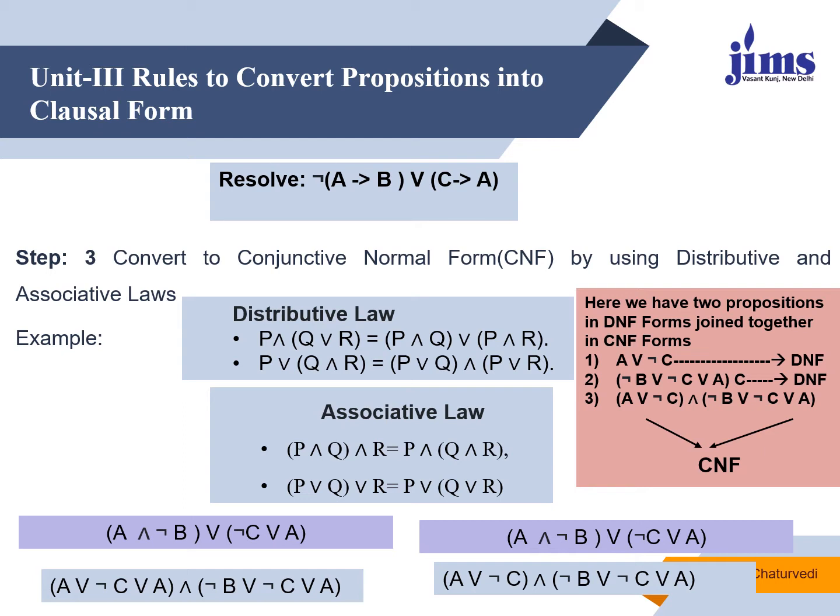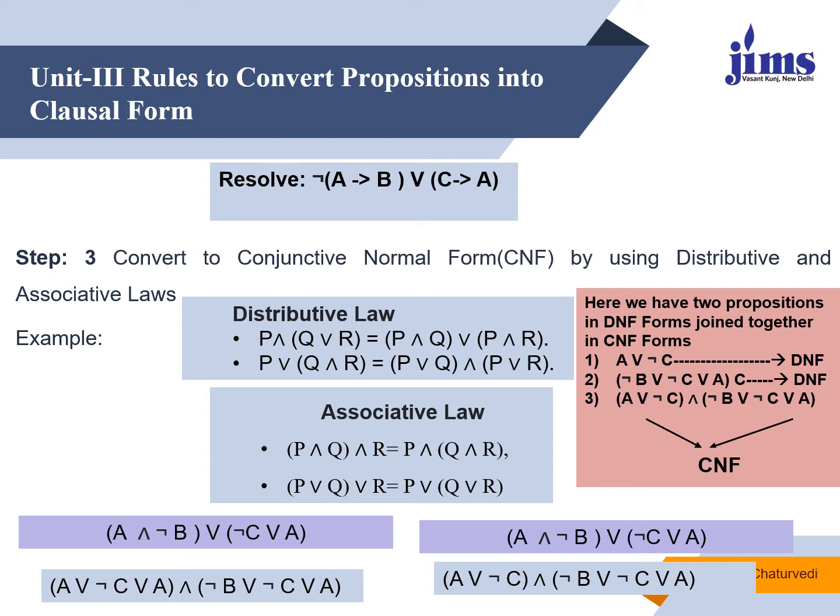So the question arises, what is distributive law and what is associative law? Distributive law says if the given proposition is like P and within bracket Q or R, then this can also be written as P and Q or P and R. Similarly, if the proposition is P or within bracket Q and R, it can also be written as P or Q and P or R.